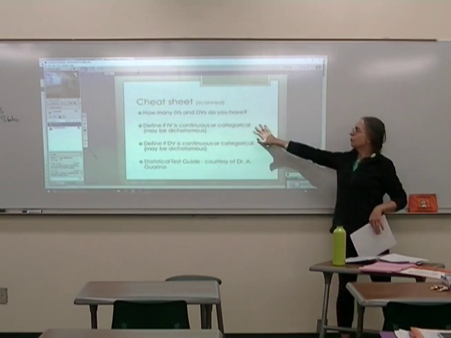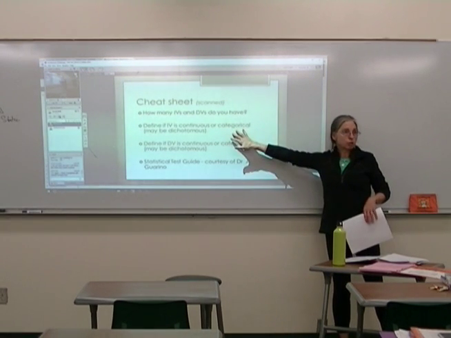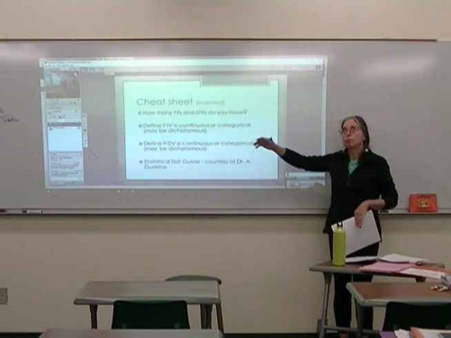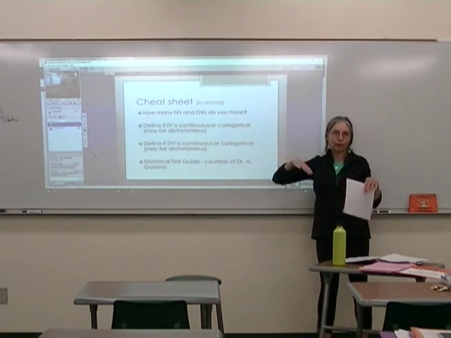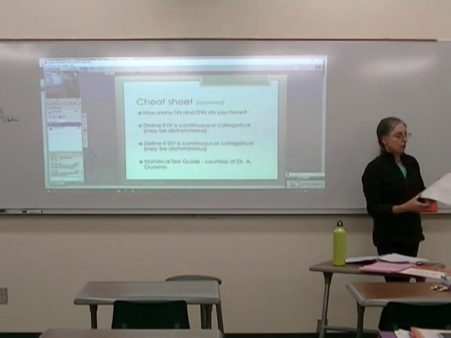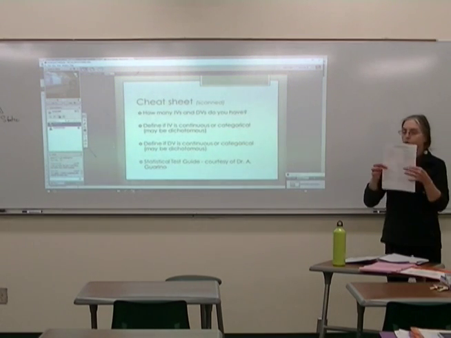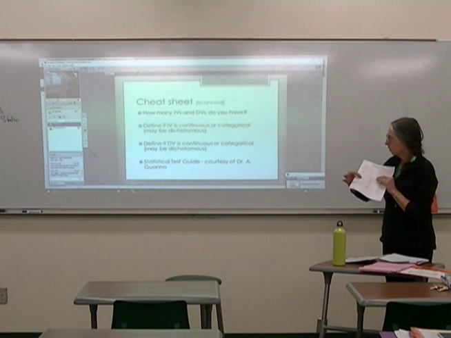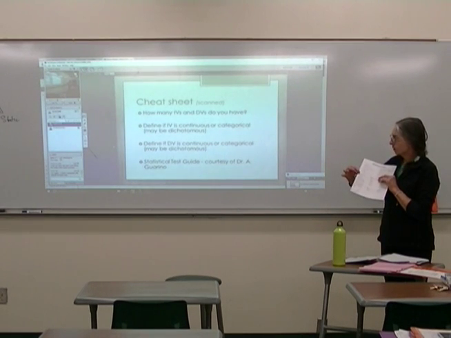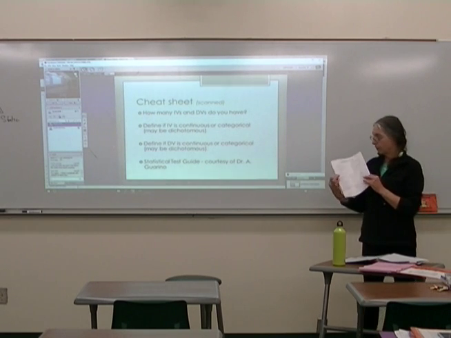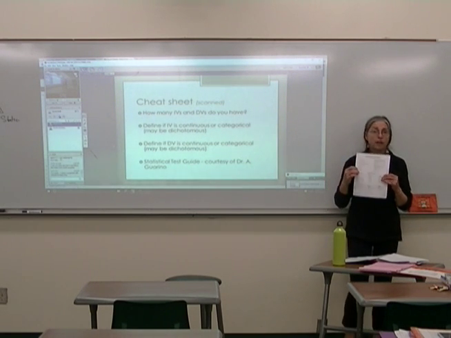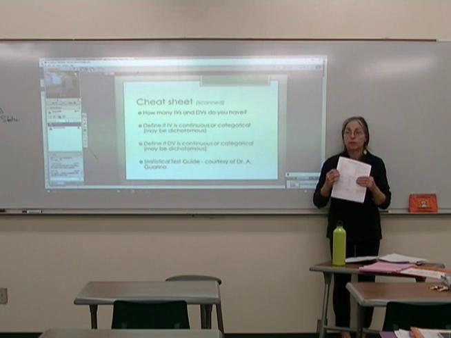So once you've made the decision whether your independent variable measure is going to be a continuous number or a categorical number, then on column 1, and we're looking at univariate statistics because you only have a single dependent variable, right?